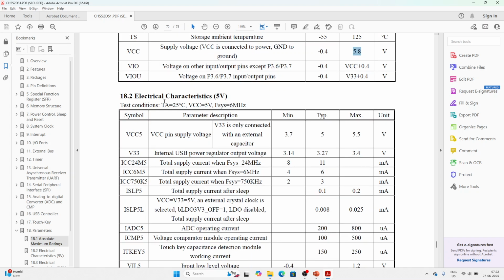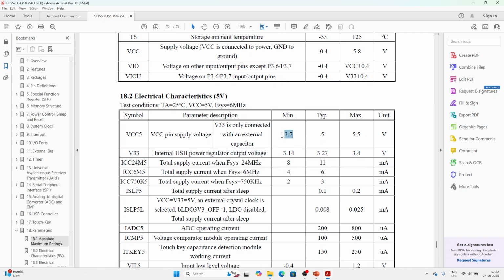Right? Here they have given electrical characteristics which are measured at 5 volts VCC. So when we apply 5 volts, the VCC pin gets typically 5 volts, or because there would be slight variation, maximum 5.5 or minimum of 3.7. Right? The internal LDO would supply 3.3 volts.